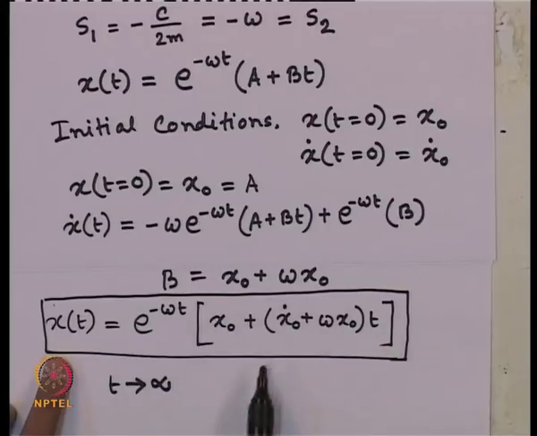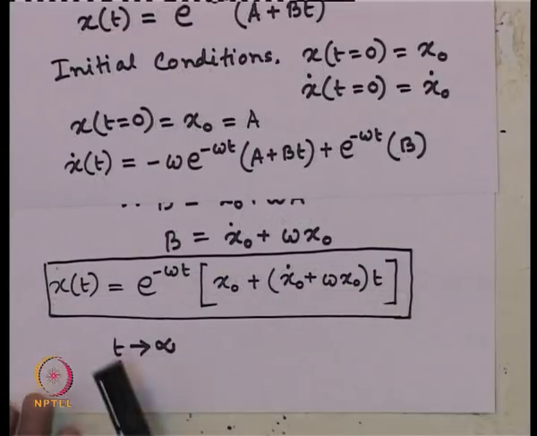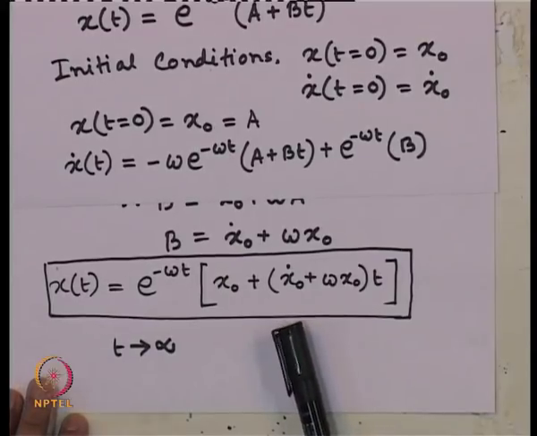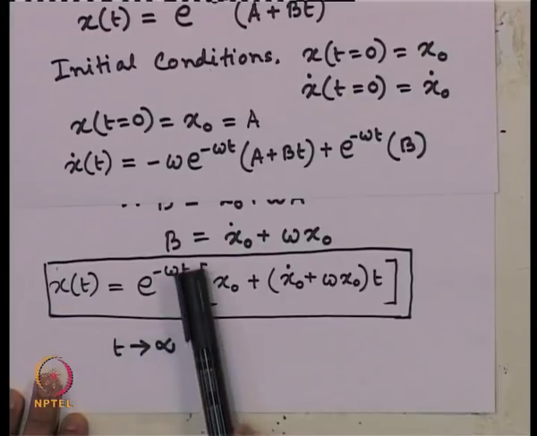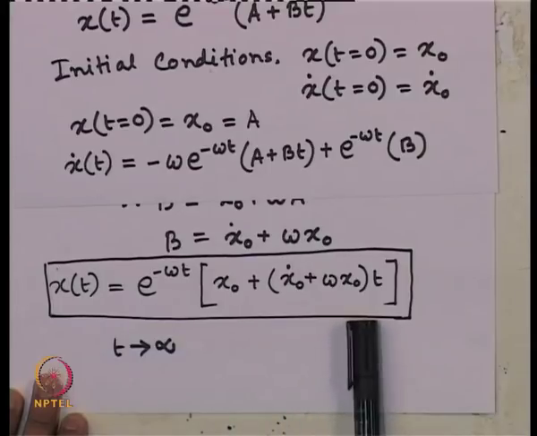Now, one function is increasing and another function is decreasing. What will be the combined response of these two? From our knowledge of mathematics, what do we know? X of t is a combination of two functions, one exponential function, another polynomial function.